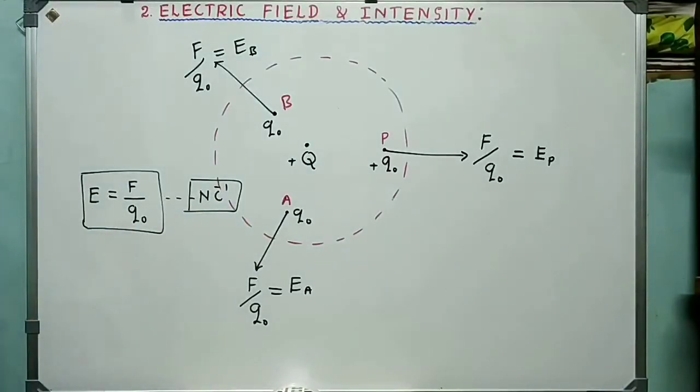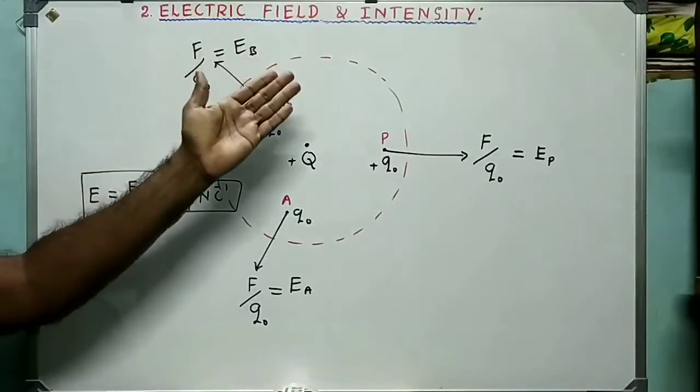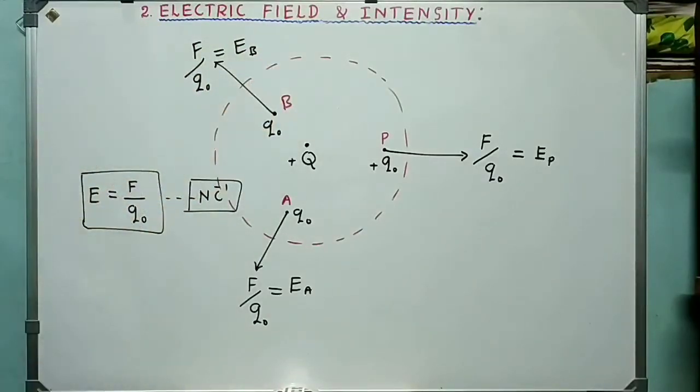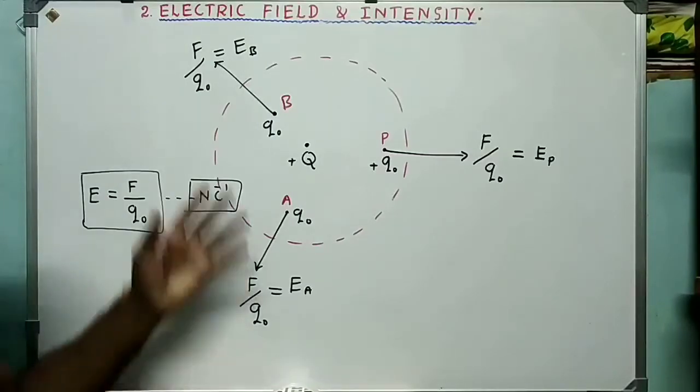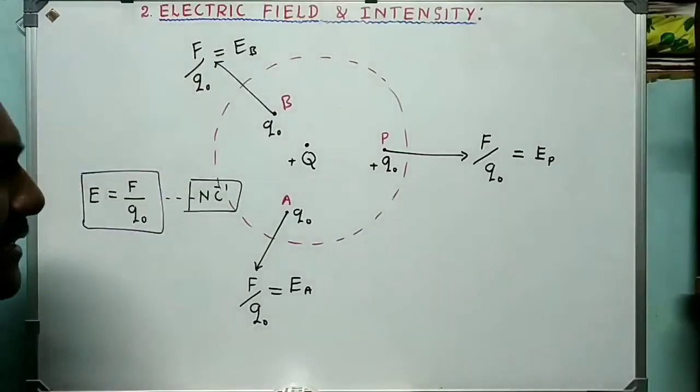In this way, electric field and electric intensity are very helpful in solving problems and understanding concepts in electrostatics as well as current electricity. My dear students, what is the meaning of electric field?